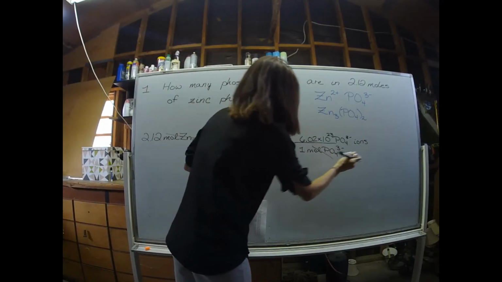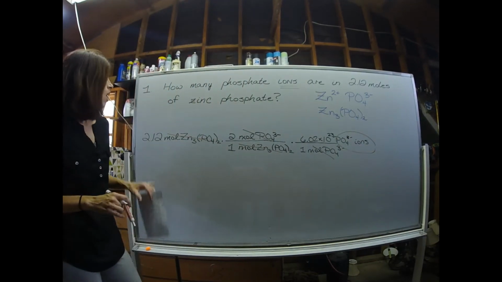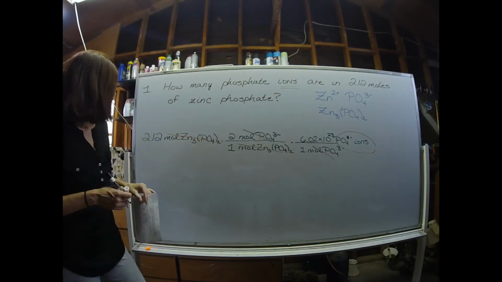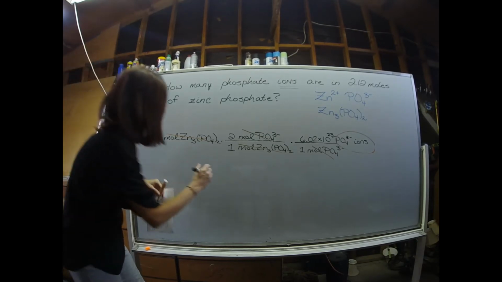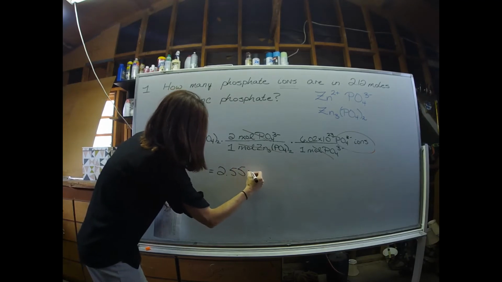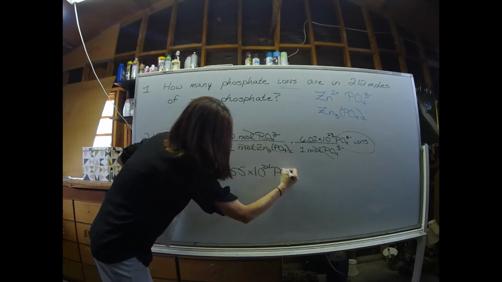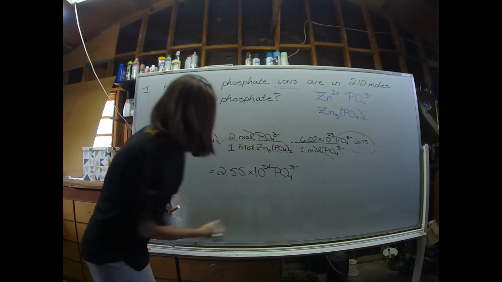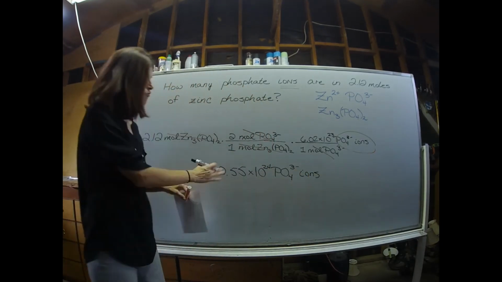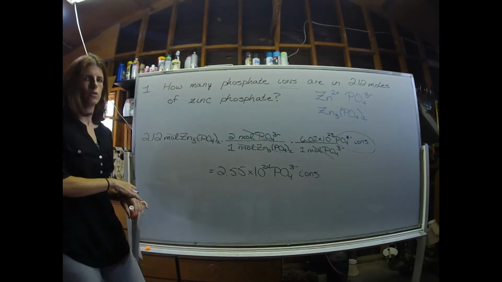Moles of phosphate is gone. And then we're just left with phosphate ions. Multiplying across the top, I don't have to worry about anything in the denominator here. I obtained 2.55 times 10 to the 24th phosphate ions. And I rounded it to 3 sig figs because of the 3 sig figs with our initial value here.